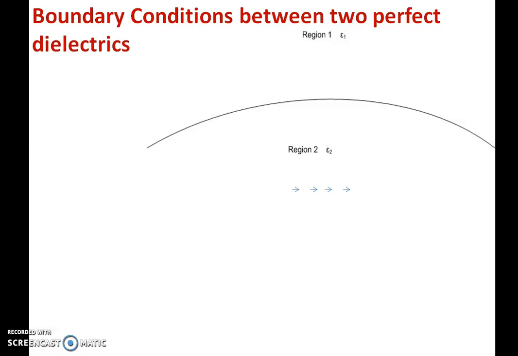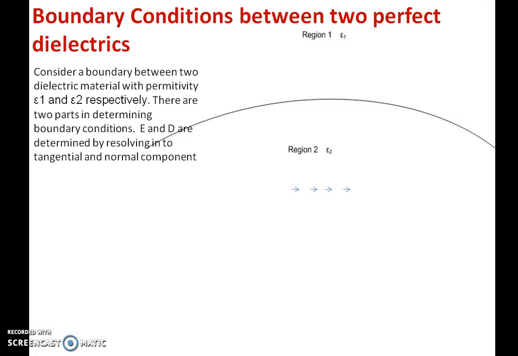It is the same as we did in the previous derivation, the boundary condition between free space and the conductors. Here I am considering two regions, dielectric medium 1 with permittivity epsilon 1 and dielectric medium 2 with permittivity epsilon 2.